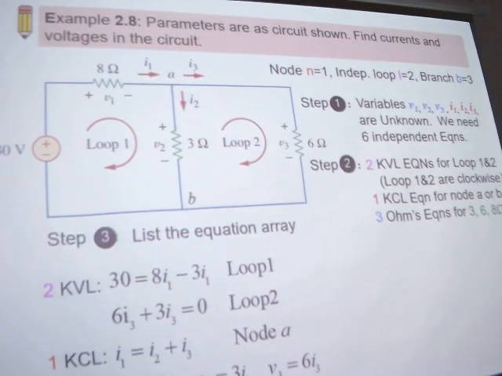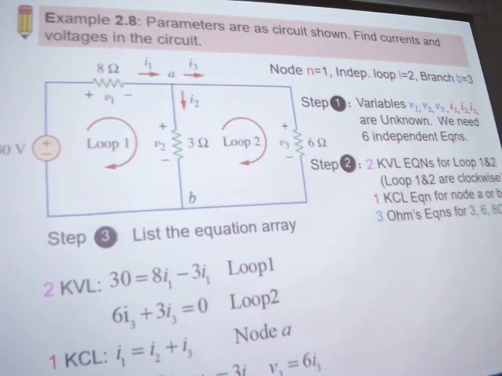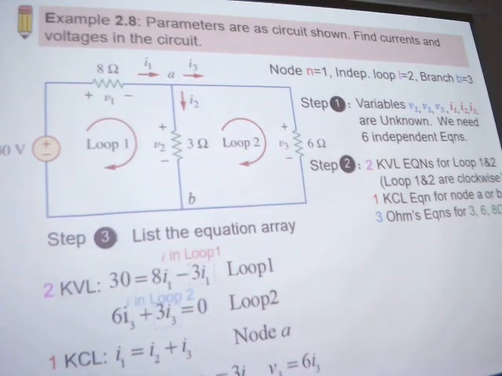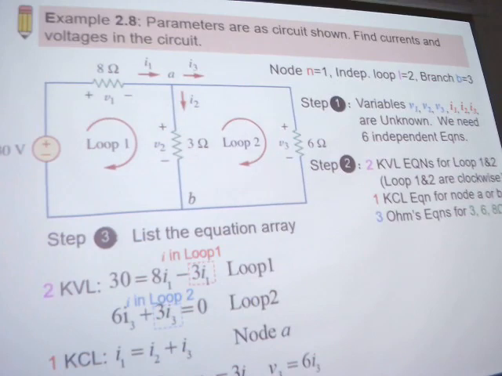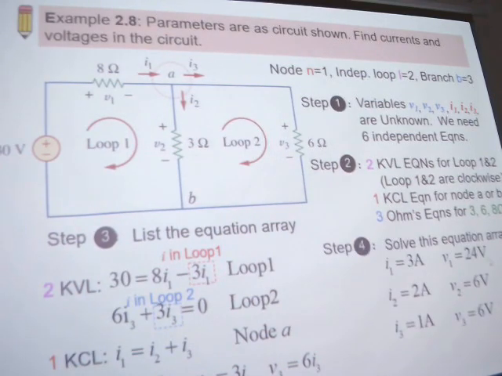That's the same actually. The same results but different way. You can see here, the I in loop 1, the I in loop 2. And then we can solve the equation and we get the result.